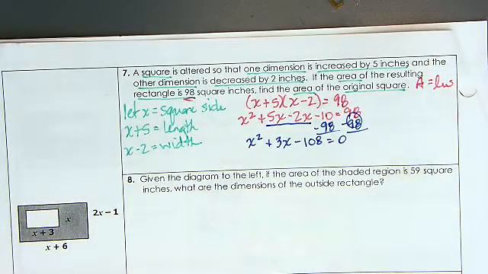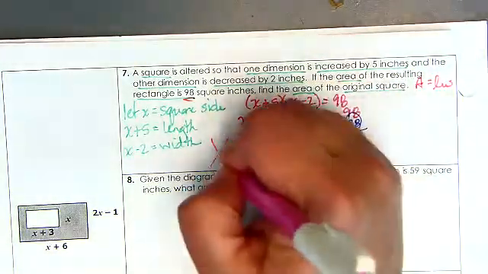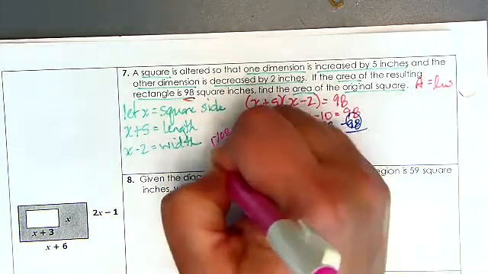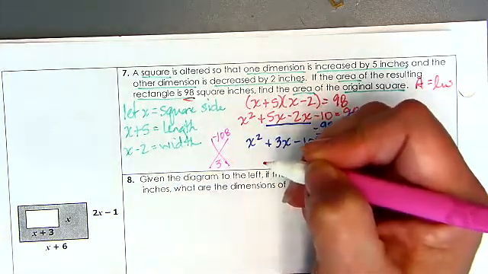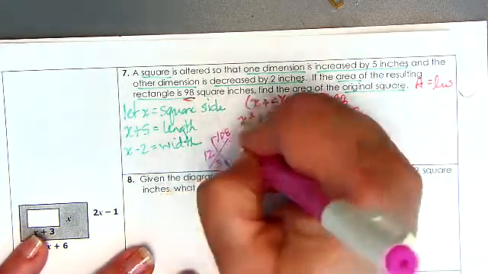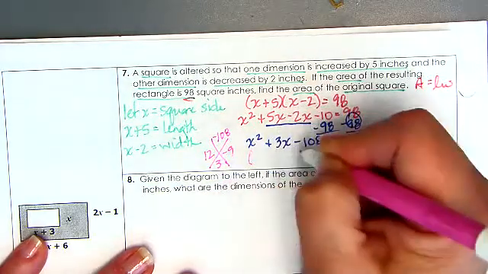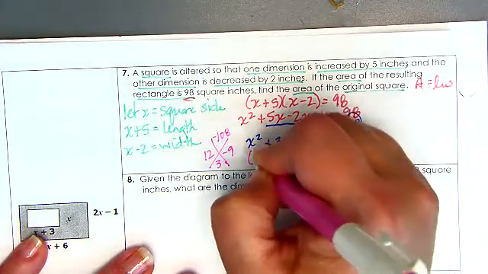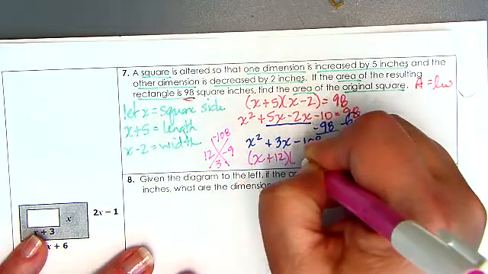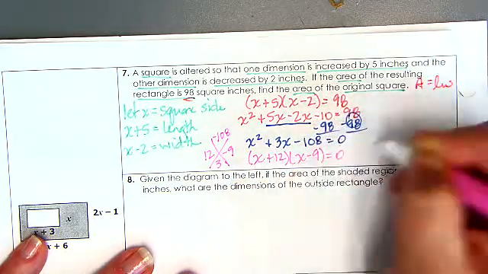So we do the same thing. We do our product-sum box, and we need negative 108 and 3. Those factors are going to be 12 and negative 9. So we end up with x plus 12 times x minus 9 equals 0.